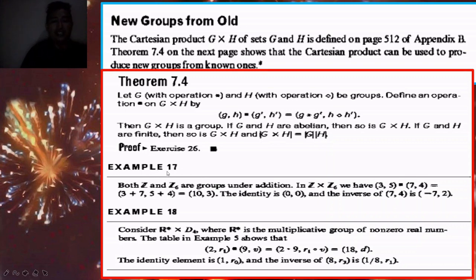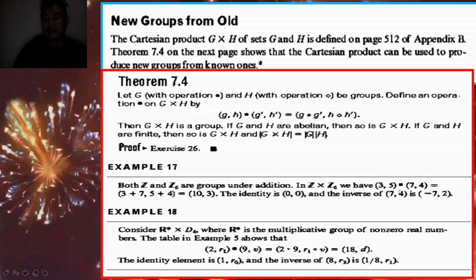So example na lang tayo. Example number 17. Both Z and Z6 are groups under addition. Okay. Under addition man na siya, Z o Z6. So kato siyang i-cross product, Z times Z6. Addition na itong gamitan, dili kaning star o composition. Okay.